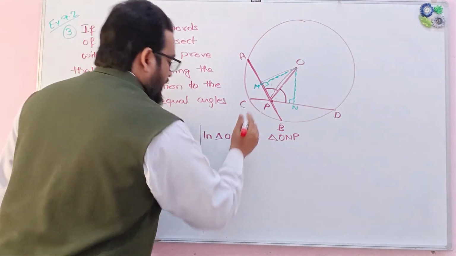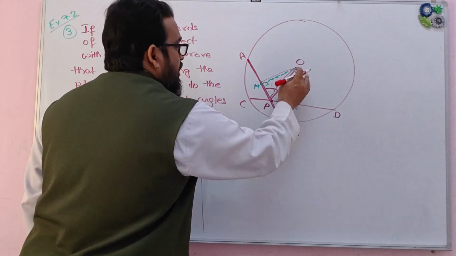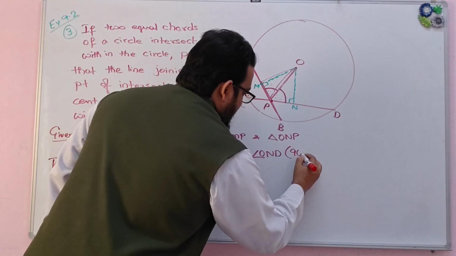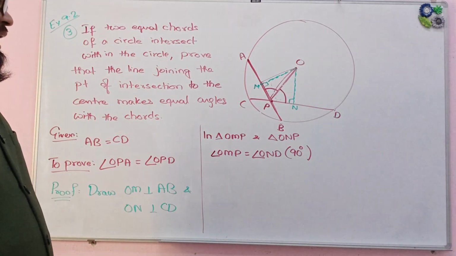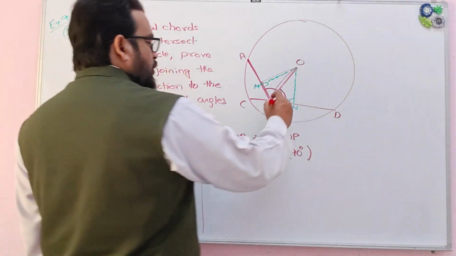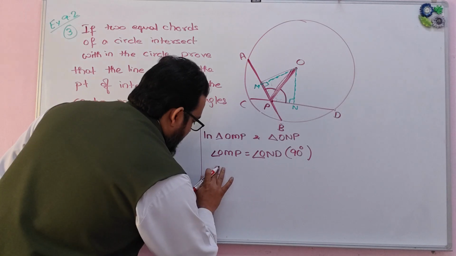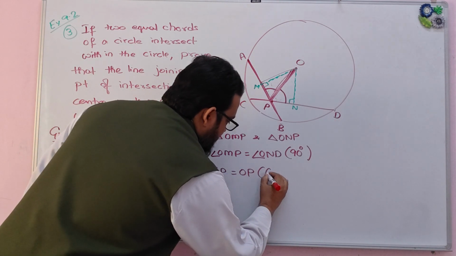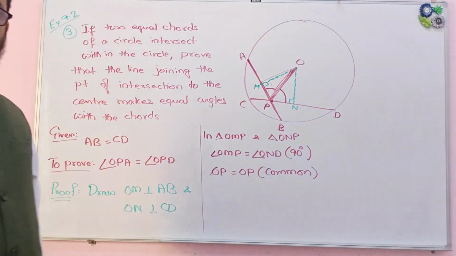So angle OMP is equal to angle ONP. It is 90 degrees which we have constructed. And then OP is common for both the triangles. So OP is equal to OP. What is the reason? Common. You have to write the reason, my dear friends.